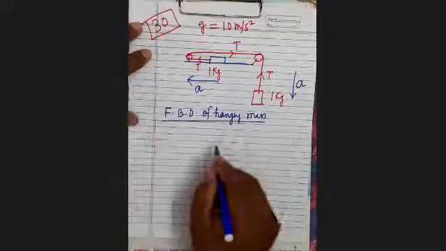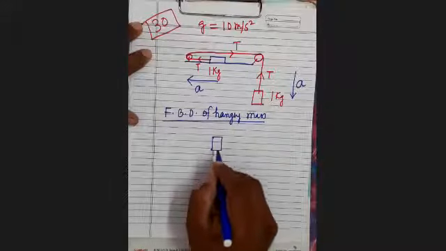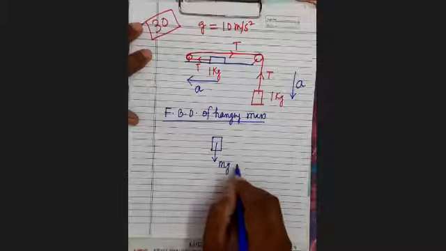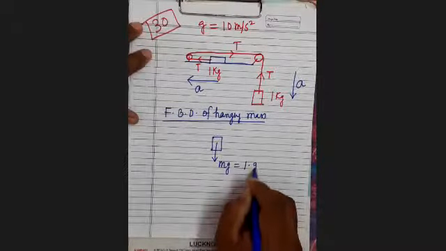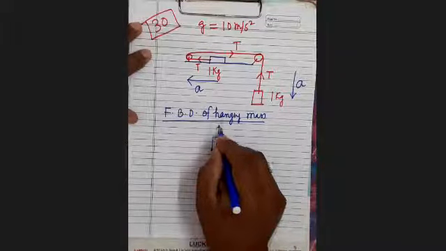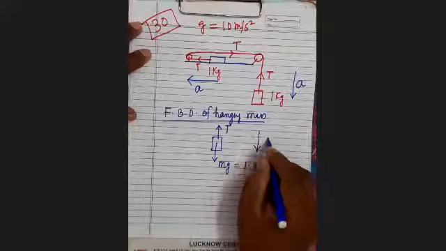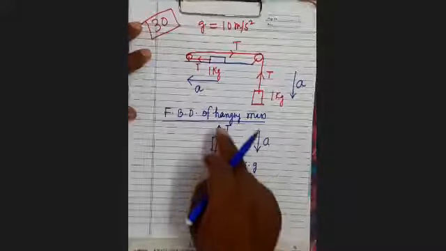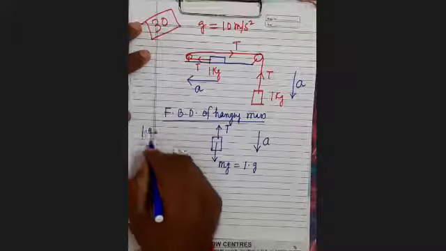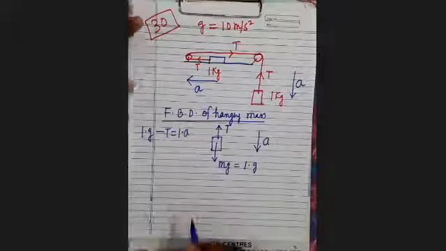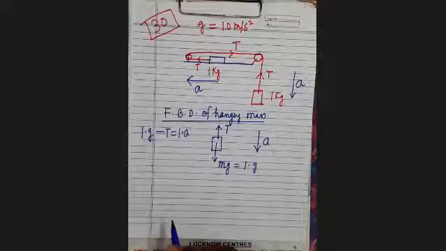Its weight is acting vertically downward, that is 1 into g. Tension you have assumed T, it is acting upward and it is moving in the downward direction. Therefore, 1 into g minus T equals to 1 into a. It's clear.